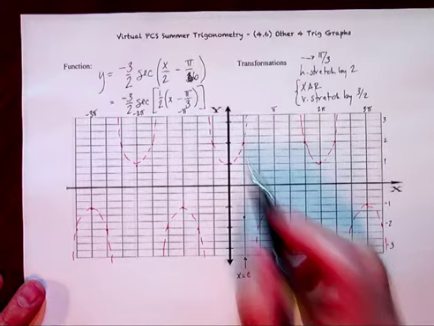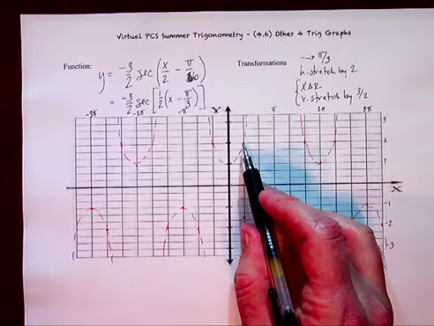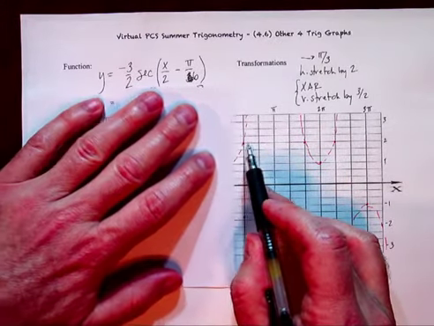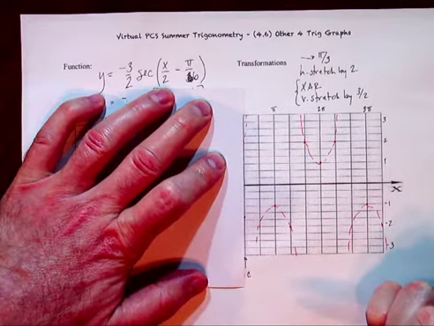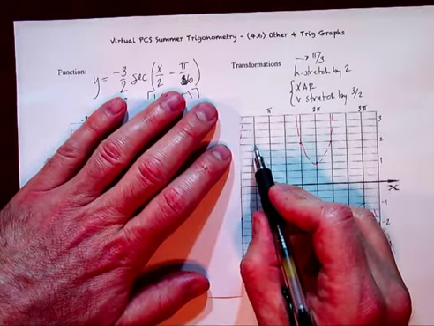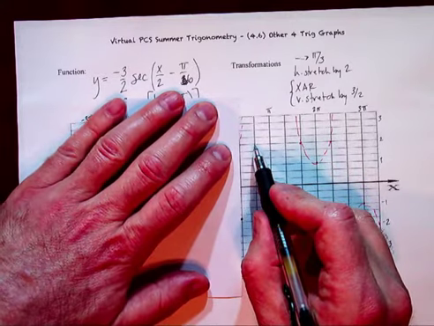Okay? Let's go ahead and take this point right here. Now, I find it kind of helpful to use these. When I move over pi over 3, that's my new 0 line right there. So I've moved over pi over 3. I need to horizontally stretch, so it was 1 box away from the new 0 value.